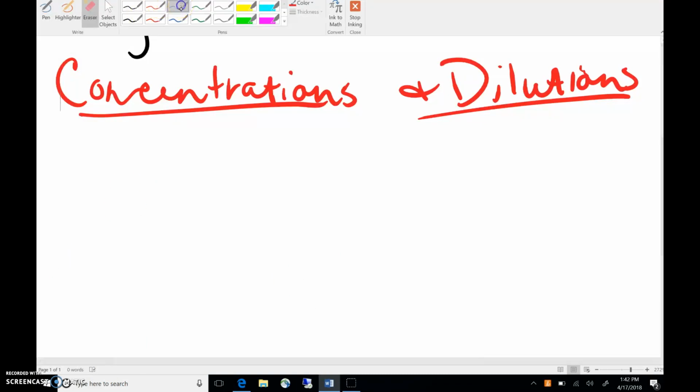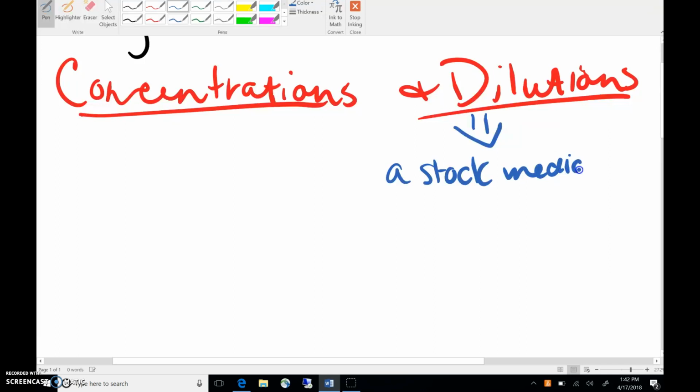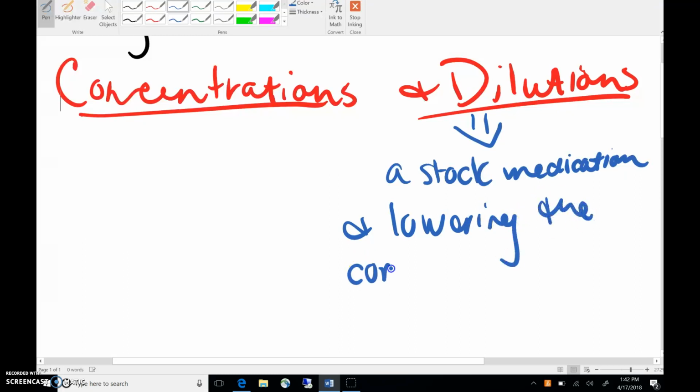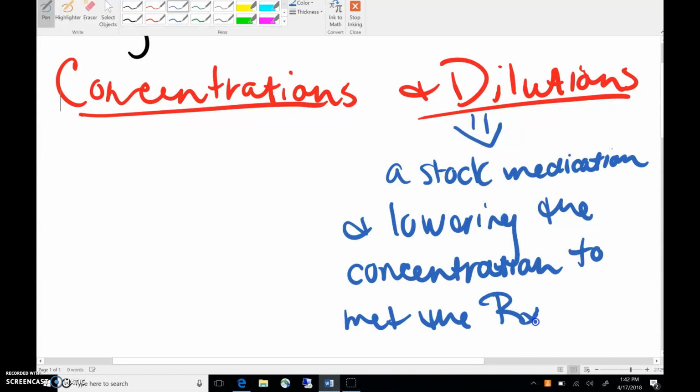When we talked about dilutions in detail, the definition of a dilution, or what you're determining in a dilution, is that you are taking a stock medication and lowering the concentration to meet the prescription desired.